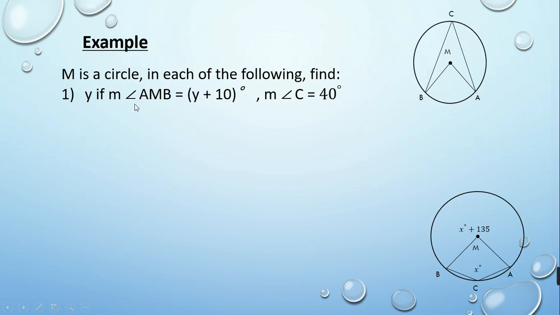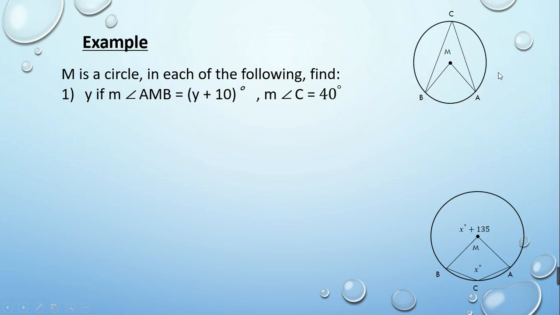Okay, he gives me the measure of angle AMB equals y plus 10, and the measure of angle C is 40 degrees. What is the relation between the angle AMB and the angle ACB? Yes, angle AMB is a central angle subtending the arc AB and angle ACB is an inscribed angle subtending arc AB.